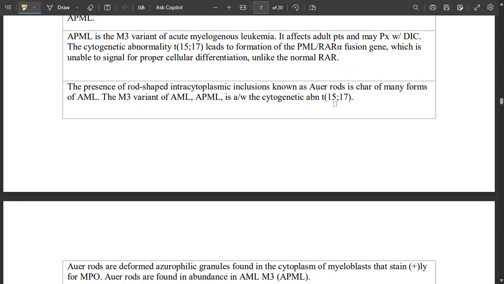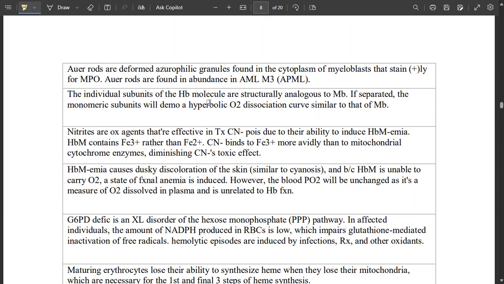The presence of rod-shaped intracytoplasmic inclusions, called Auer rods, is characteristic of many forms of AML. The M3 variant of AML, APML, is associated with translocation 15;17.